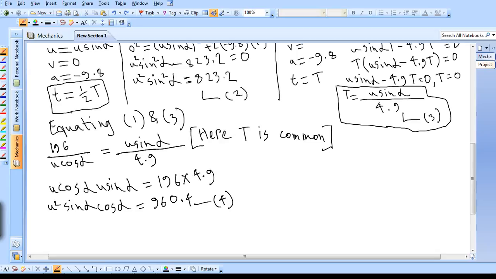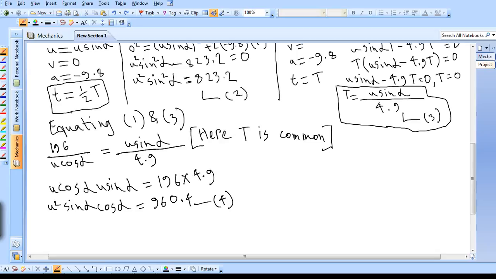Just like we have related equations 1 and 3, now we are going to relate equation number 2 and 4. If we look closer, we will see that they have a nice relationship. In equation number 4, all these things are in product form.